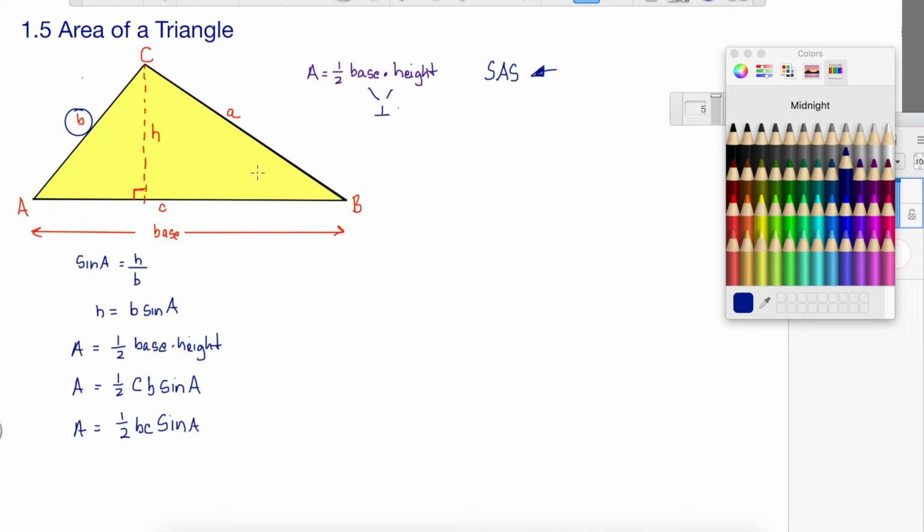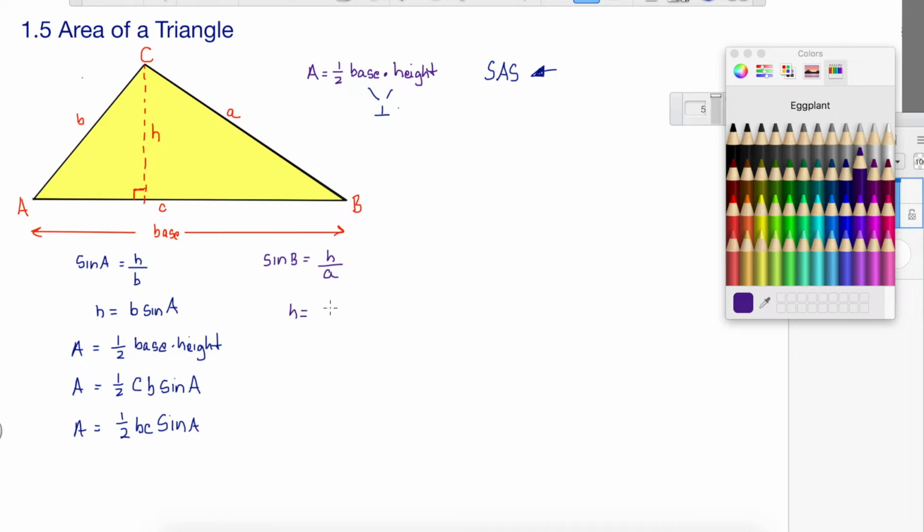What if we came up with an equation in terms of angle B? So let's do sine of B equals H over A. So we're looking at this angle, opposite leg, hypotenuse, this triangle right here.